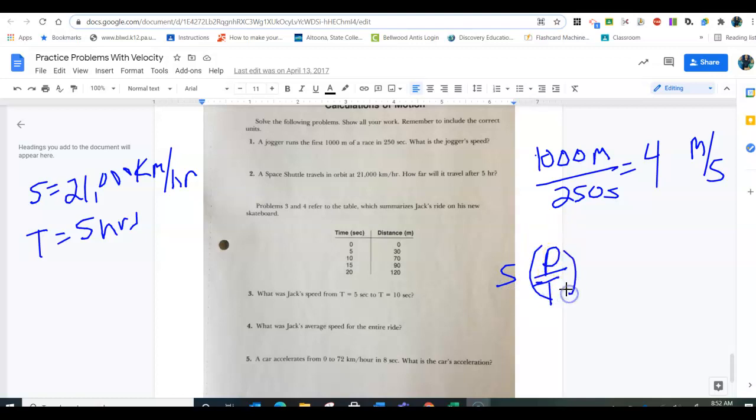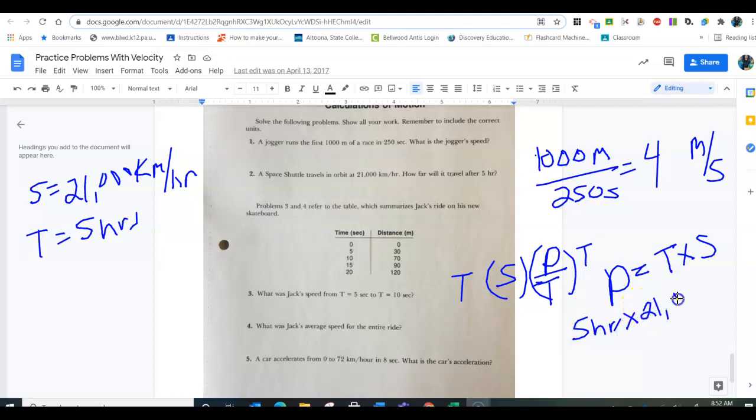Because you multiply this side by time, you got to do that to this side. So distance is time times speed. So it becomes 5 hours times 21,000 kilometers per hour. And you should get 105,000 kilometers.